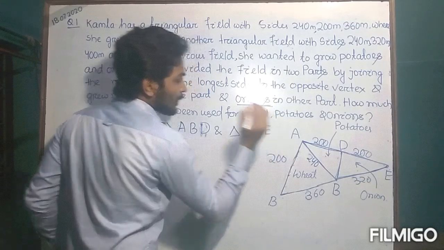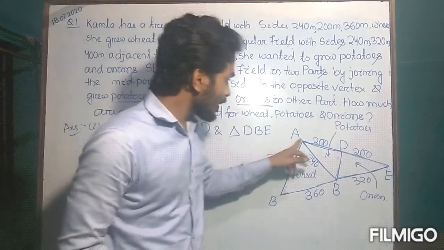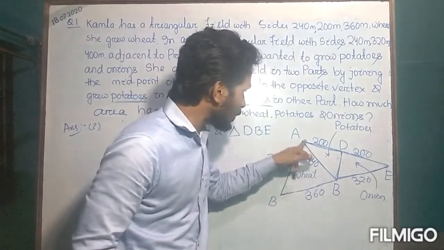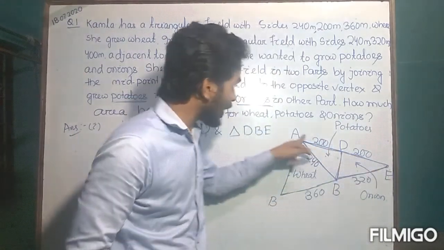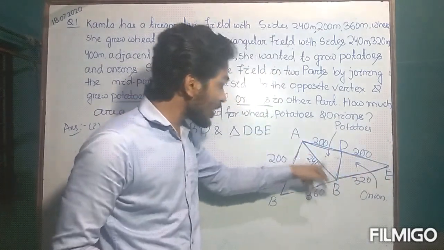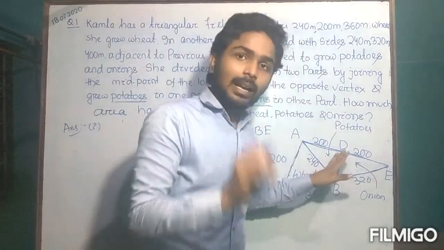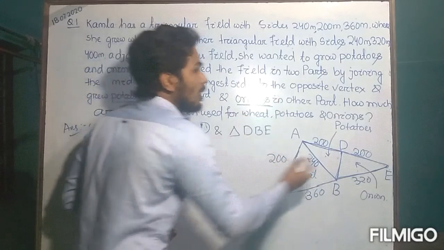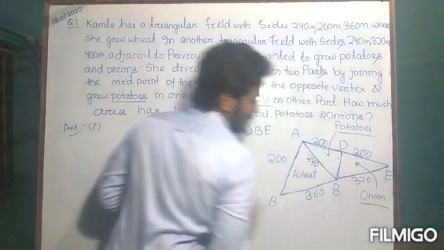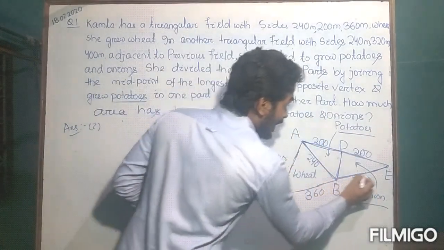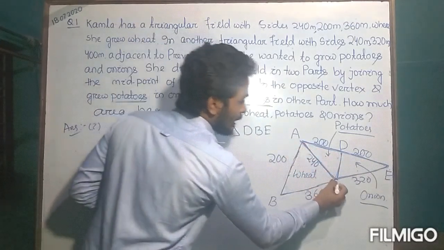Here, since it is given that this is the complete triangular field, and this triangular field has been divided into two equal halves by Kamala in order to grow potato and onion. That means this is the total area of the triangular field.